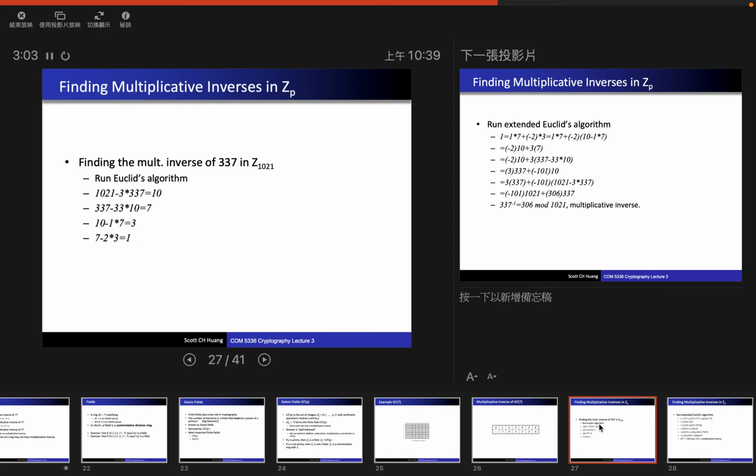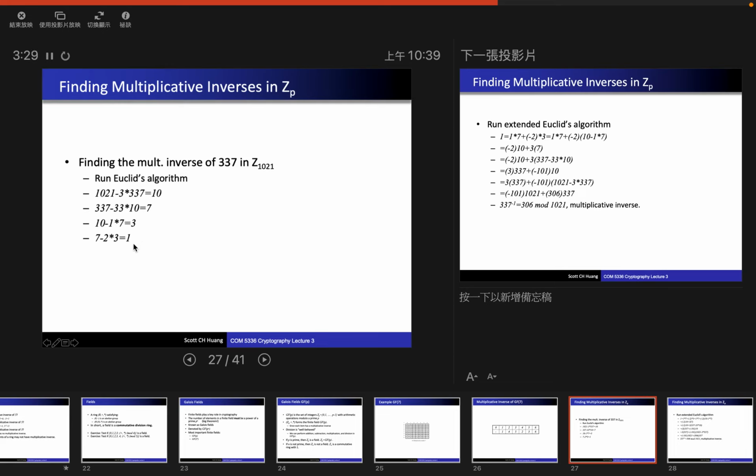So we divide 1021 by 337. We find that the quotient is 3, and the remainder is 10. Then we keep going. In the next iteration, we divide 337 by 10. Keep doing this, and finally the result will be 1 if they're relatively prime.